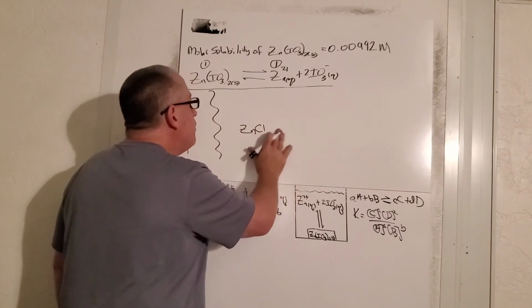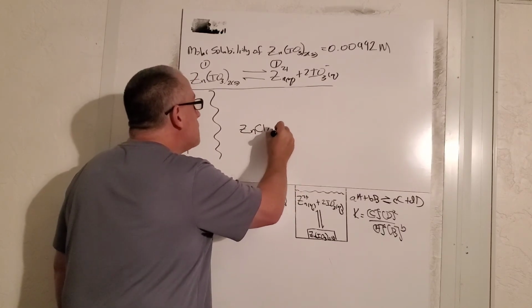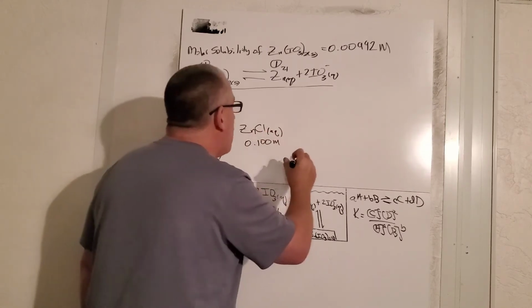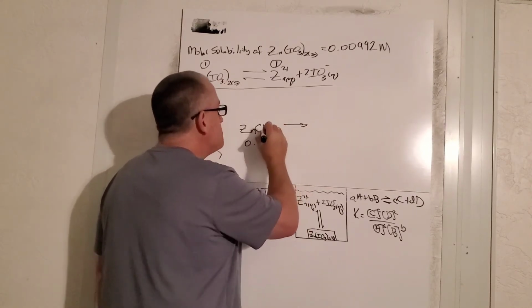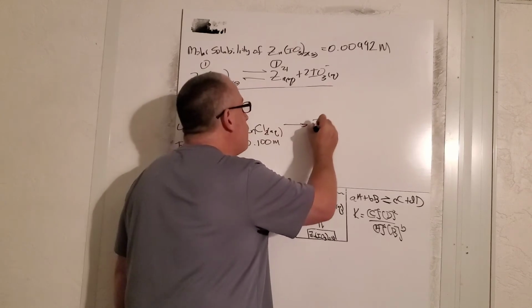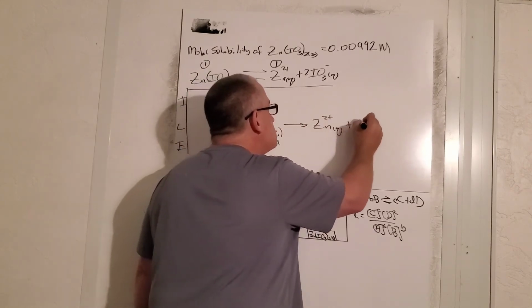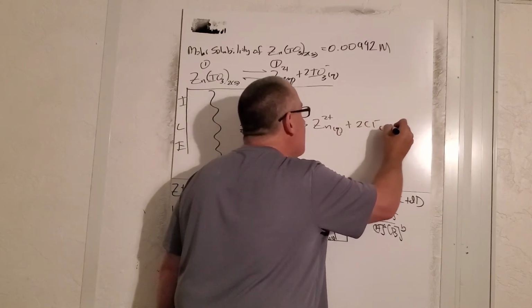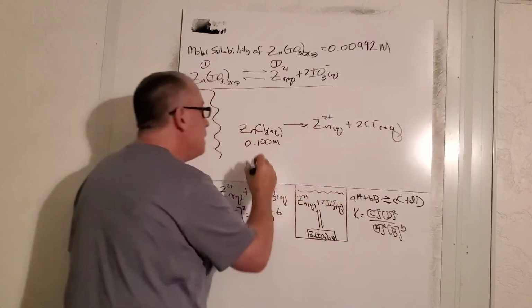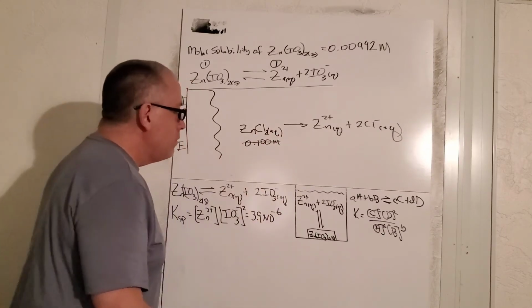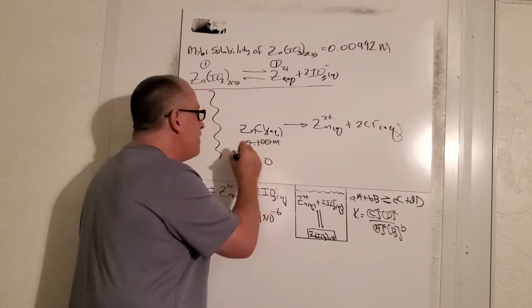Let me rephrase that. If it's 0.1 molar aqueous ZnCl2, that's code talk for Zn2+ aqueous plus 2Cl- aqueous. When I initially put it in there, that's going to completely break apart. And when I'm done, I'm going to have none of it left.